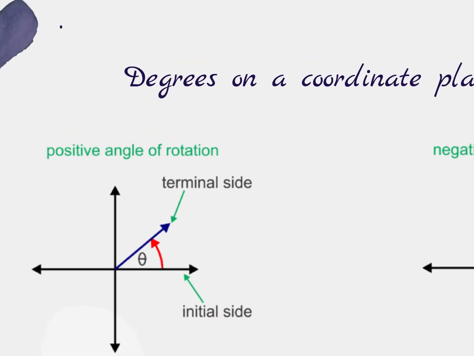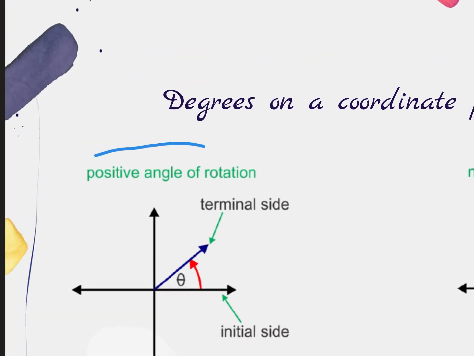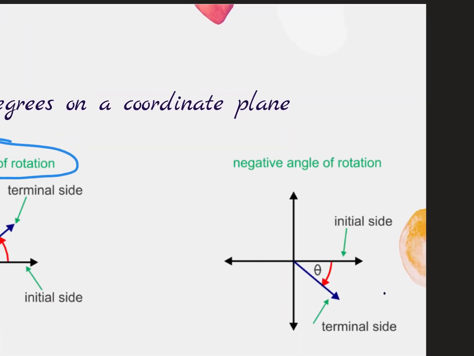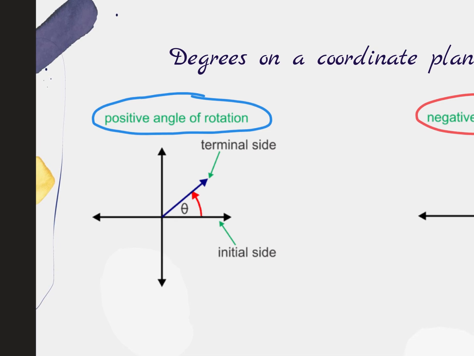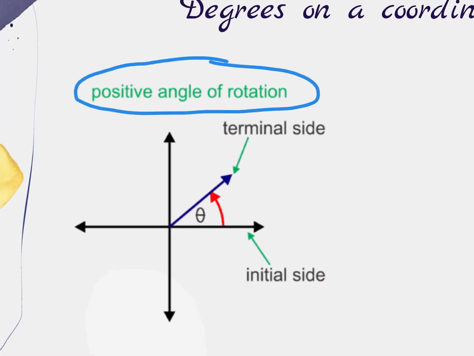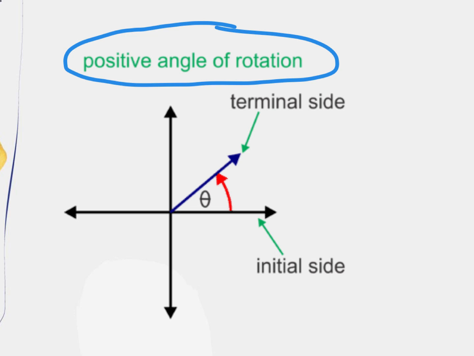We're going to talk over here about positive angles of rotation and negative angles of rotation. This should not be new for a lot of us. If we're just looking here at our XY plane, what is the value right here? 0 degrees. You guys agree with me?